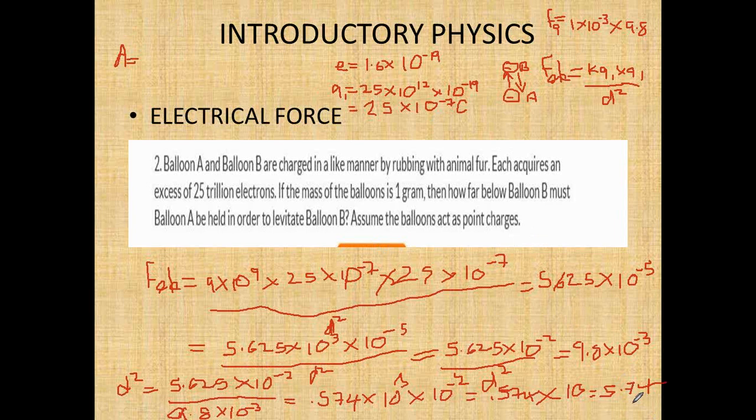Your force due to gravity is always downwards. You have to remember your electric force formula: the force between two charged objects is equal to K, the Coulomb's law constant, times the charge on one object times the charge on the other object, divided by the separation distance squared. Okay, so that's the concept.